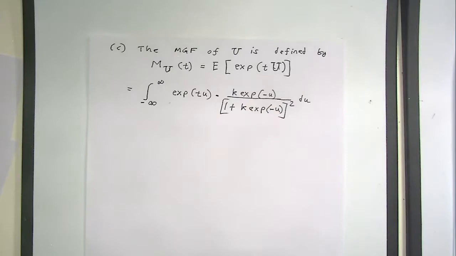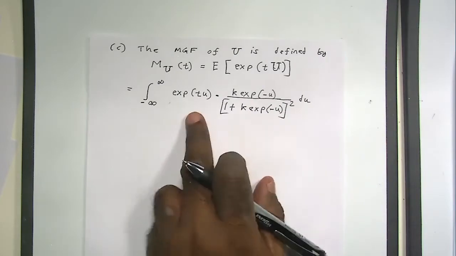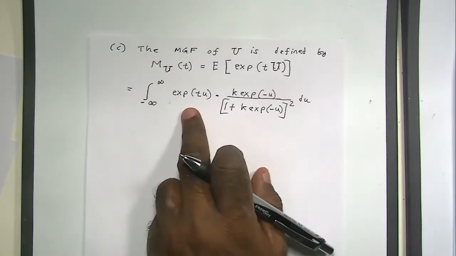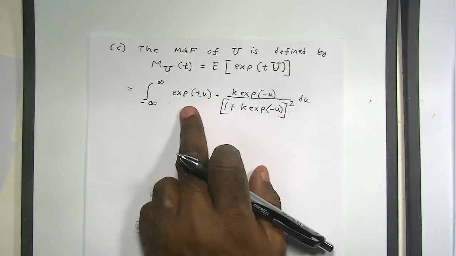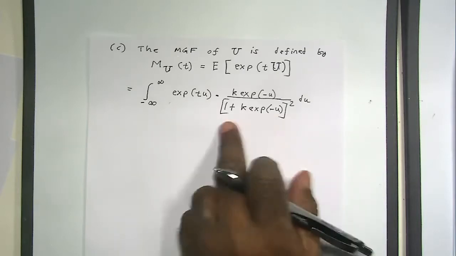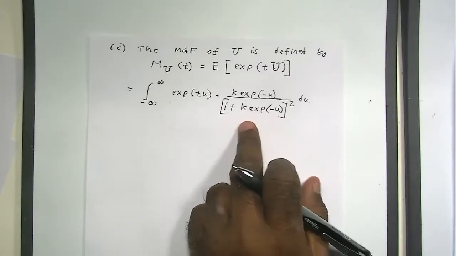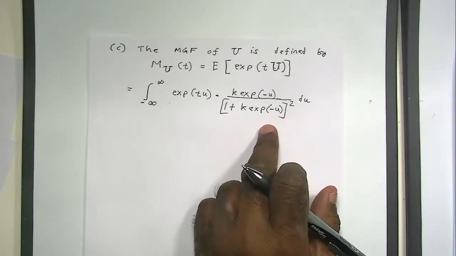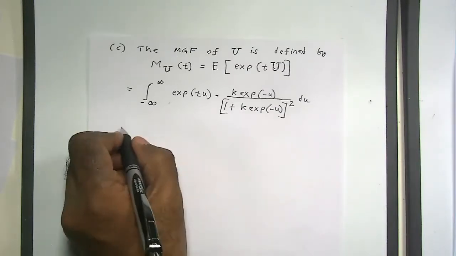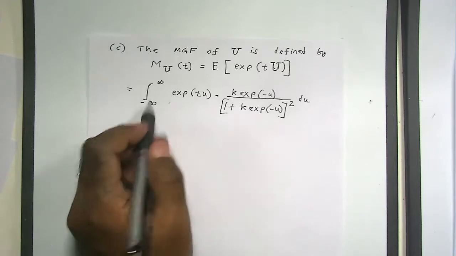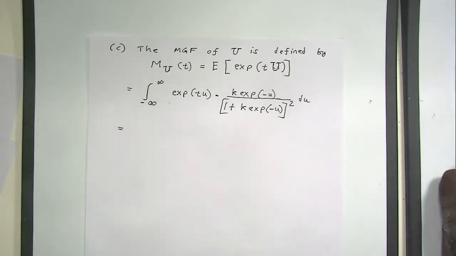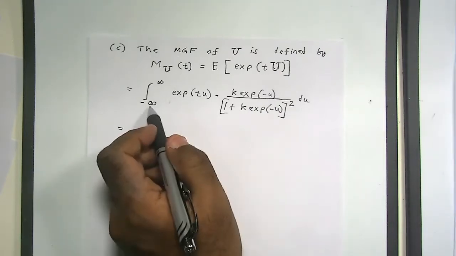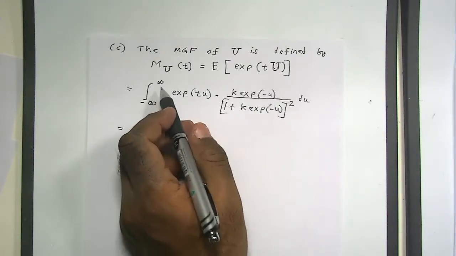Do you see how I got this? This is the term that you're trying to find the expectation of, and this is the density function of u we just worked out. The limits of integration come from the question: the limits of u must be from minus infinity to plus infinity.